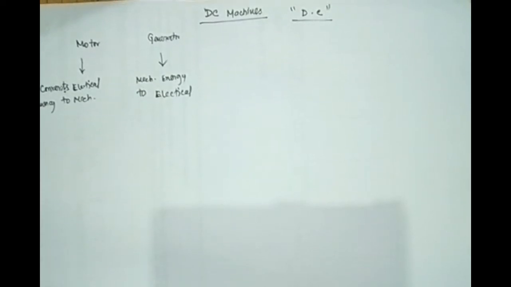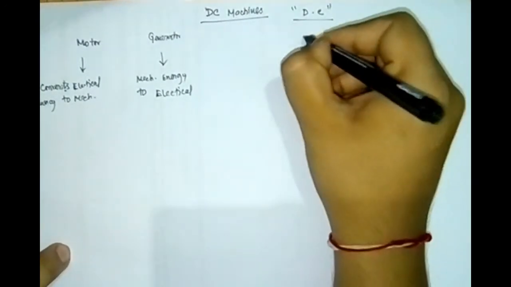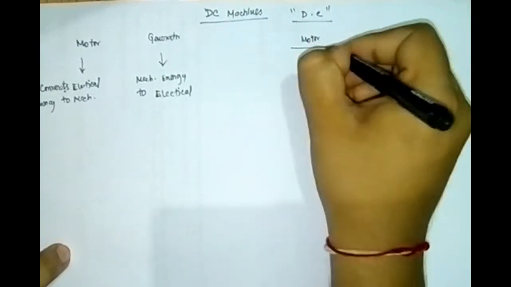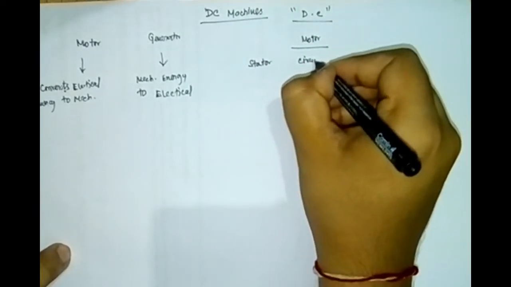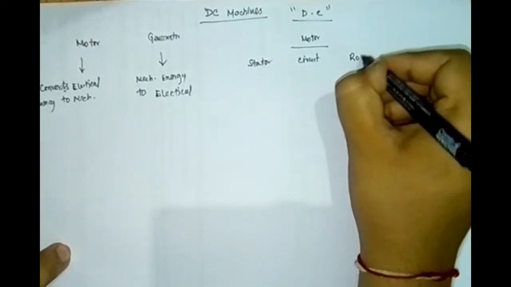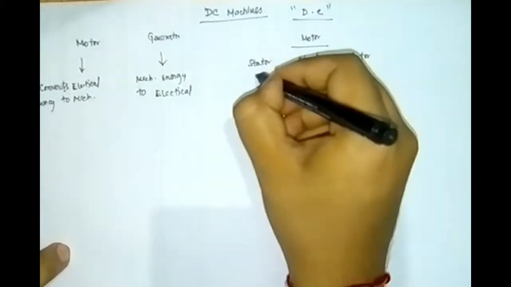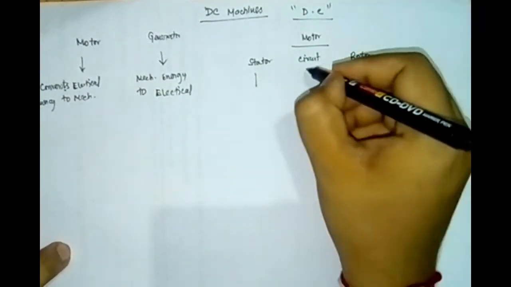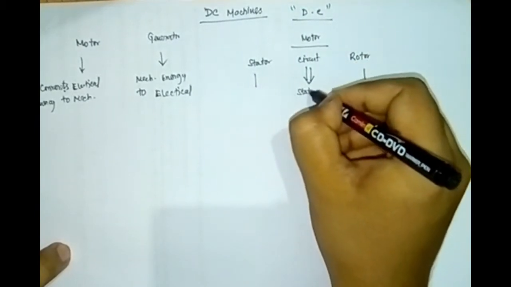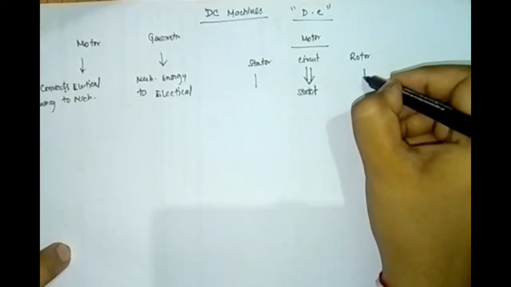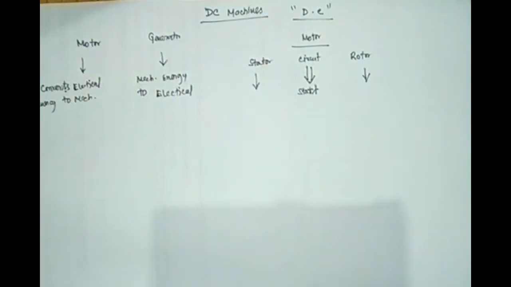Now, what happens with a motor? A motor has several parts: stator, circuit, and rotor. Both stator and rotor have some circuit, and I am talking about that circuit. That circuit is used to start the motor, and the rotor has some circuit inside. The stator also has some circuit inside.